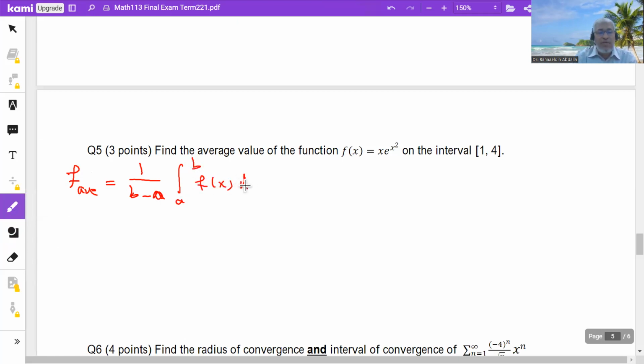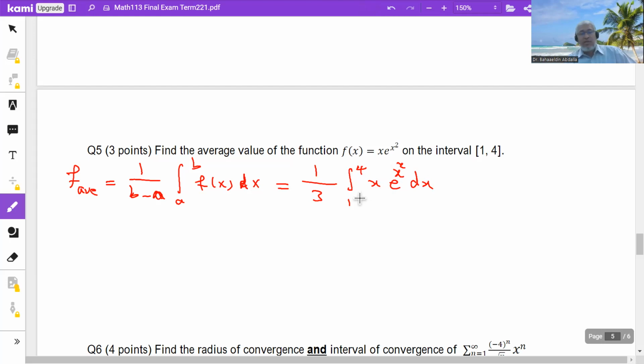That's the definition of the average value. So it would be 1 over, b here is 4, a is 1, 4 minus 1 is 3, integral from 1 to 4, x e to the x squared dx.